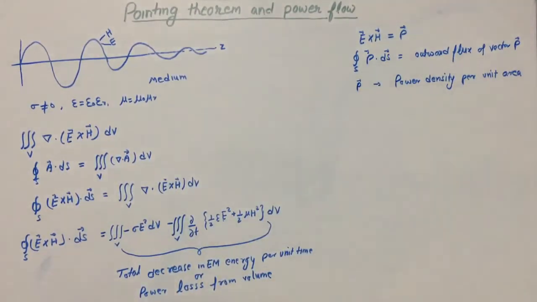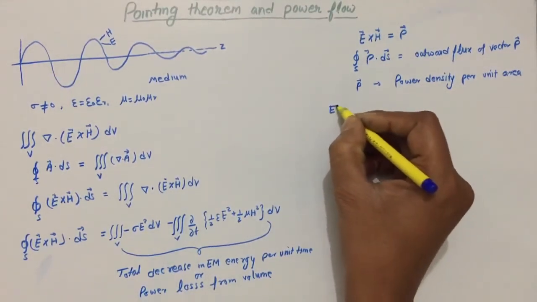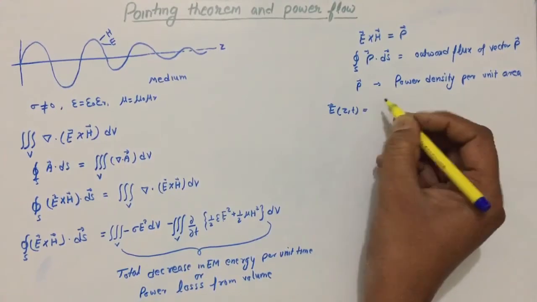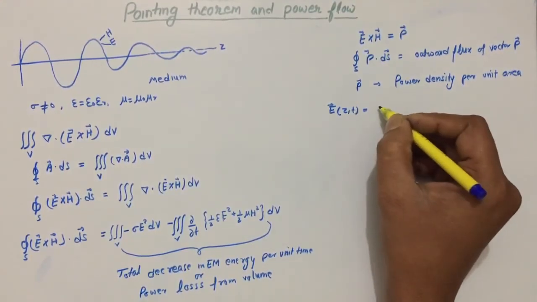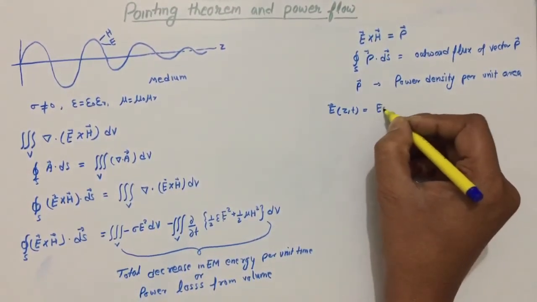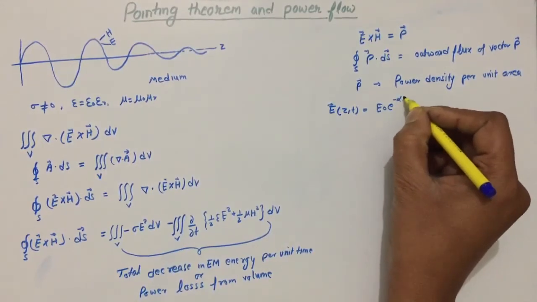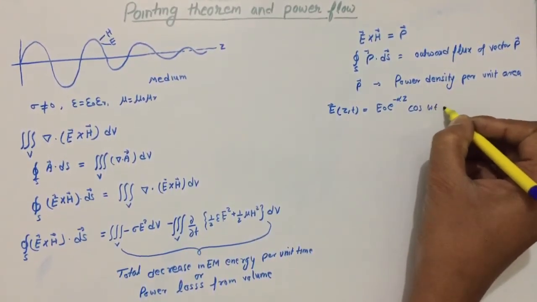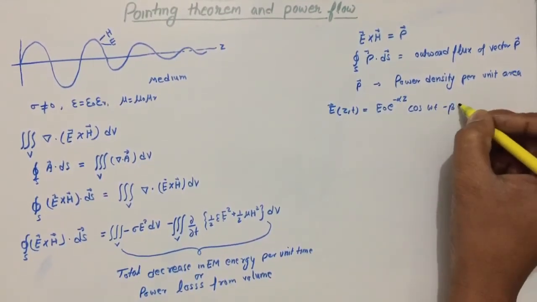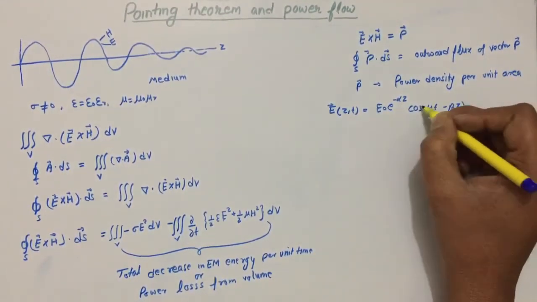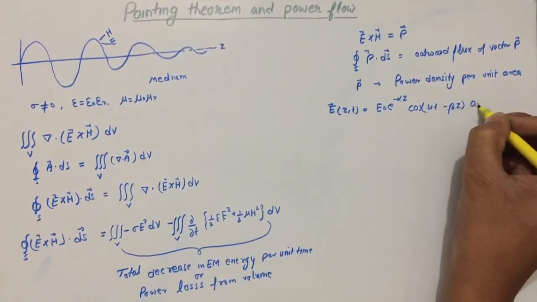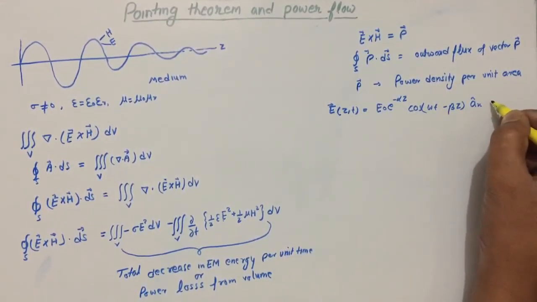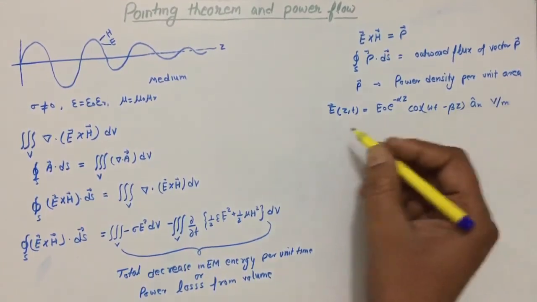Now we know that E can be written, for propagation in the z direction, as E naught e to the power minus alpha z cos omega t minus beta z. The component of E is in the direction of x. The unit of this is volt per meter.